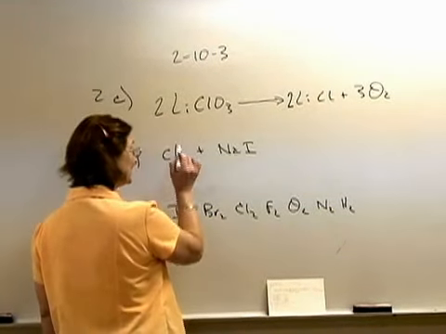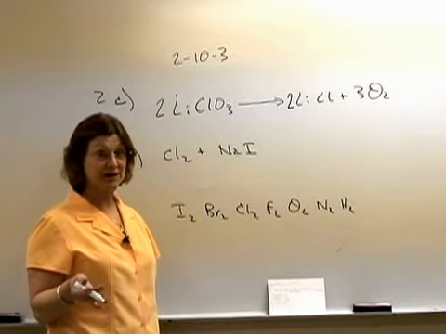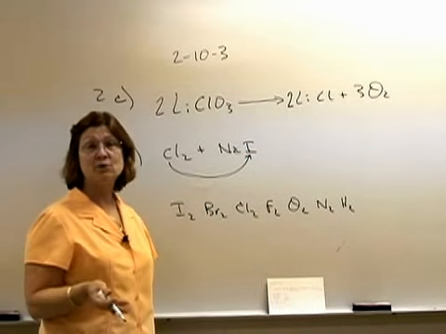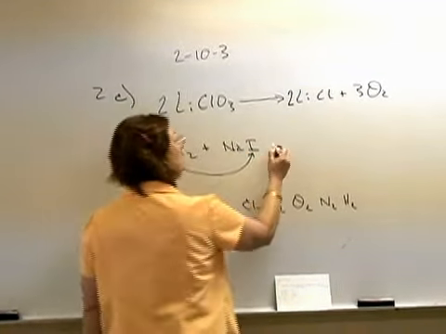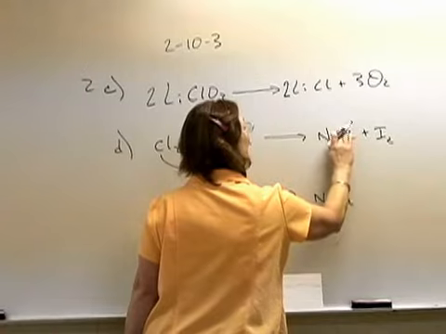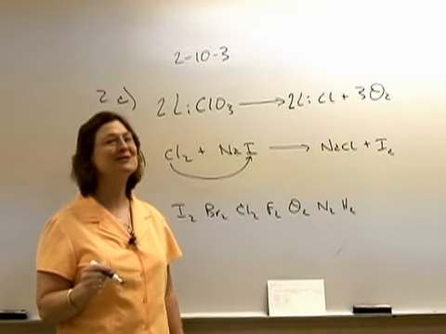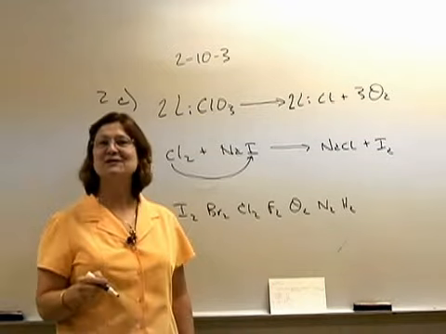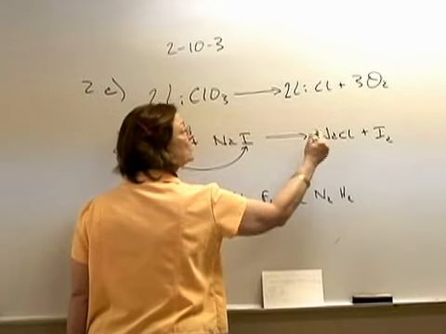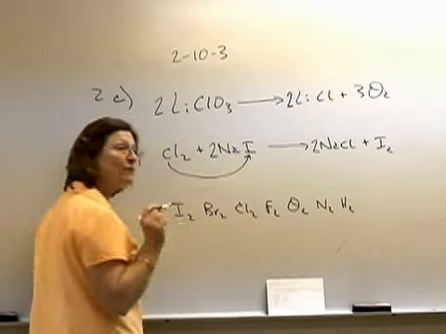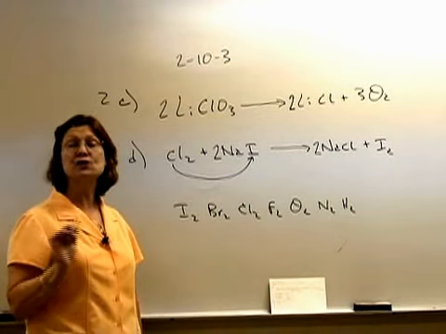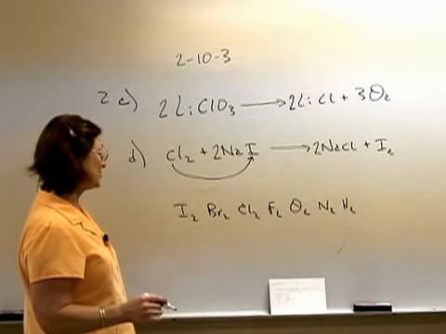Now I see that this is an element, because diatomic molecules are considered elements, plus a compound, and therefore the negative will displace the negative. Normally chlorine is at the negative position, and therefore I get sodium chloride and iodine. I tend to put a little hook on my C's, so sometimes I have to erase that little bit. Now I have 2 chlorines here and only 1 here, so I need a coefficient. Once I have written my formulas, I cannot go in and change those little subscripts. I can only change the coefficient, and then I have a balanced equation.